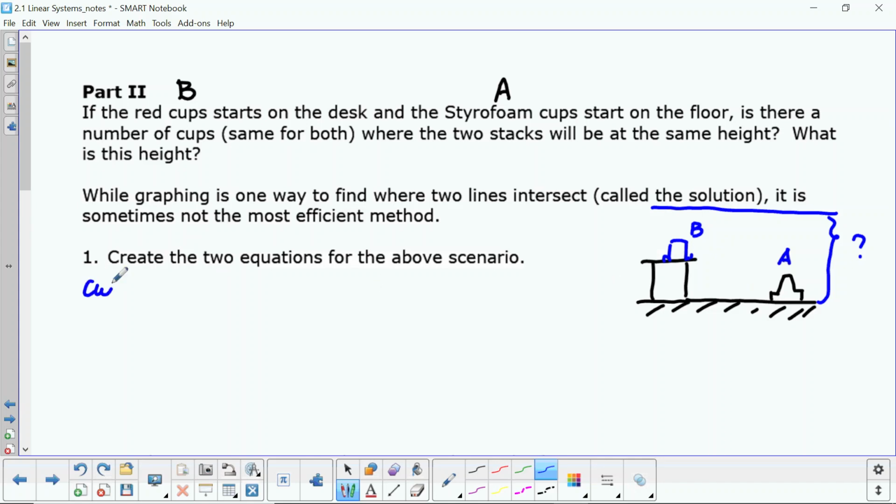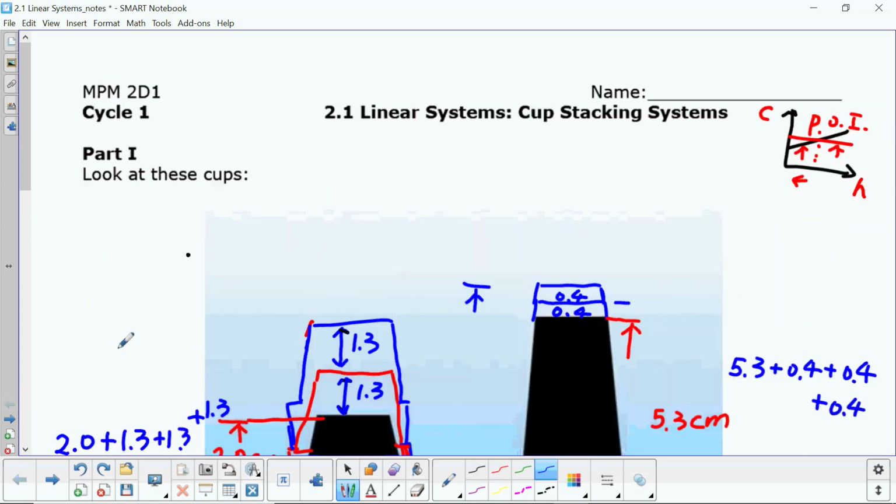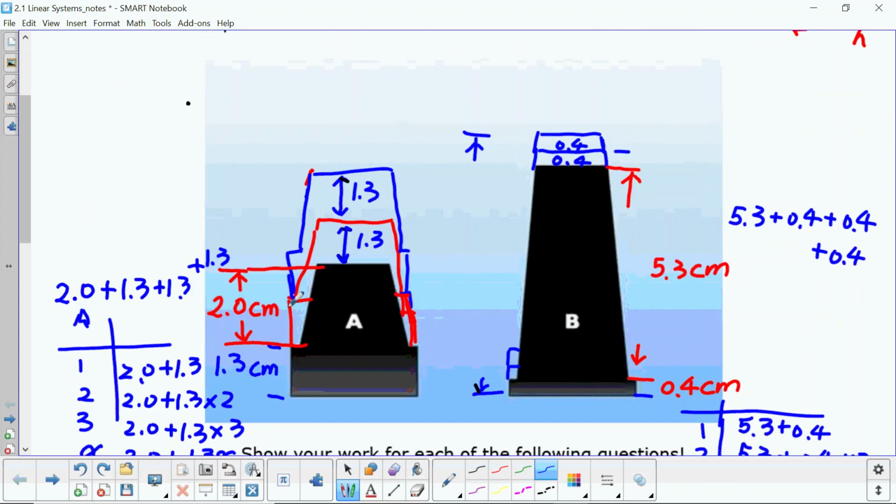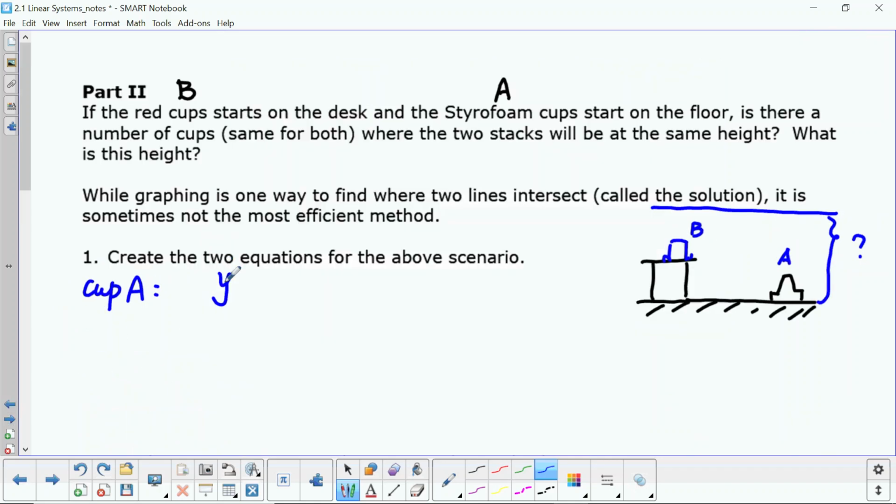For cup A, the height without the edge is 2.0 and the edge is 1.3. The equation is the initial height 2.0 plus 1.3 times x, where x is the number of cups. How high is cup A?